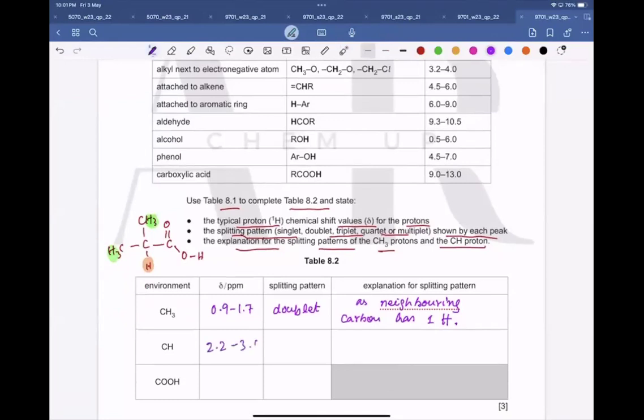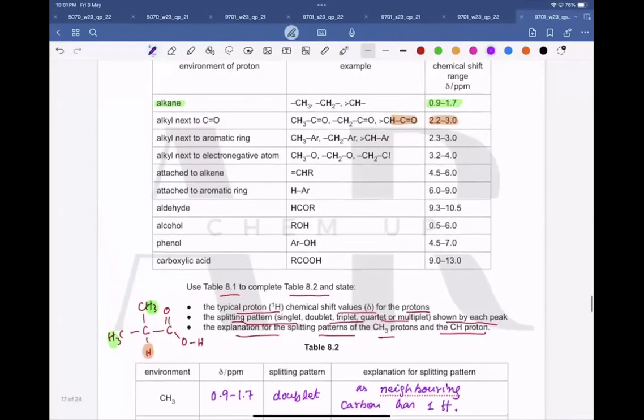Now, the splitting pattern: this carbon has this hydrogen, and on the neighbor of this there are two carbons, and the two carbons have a total of 6 hydrogens.